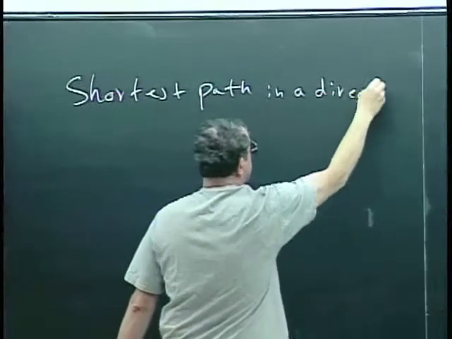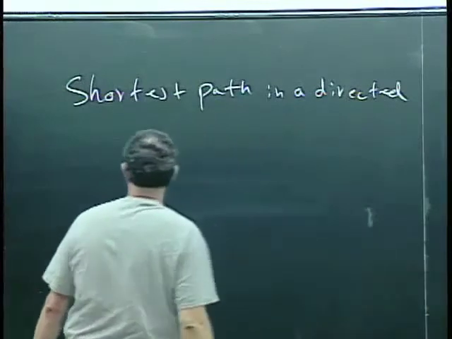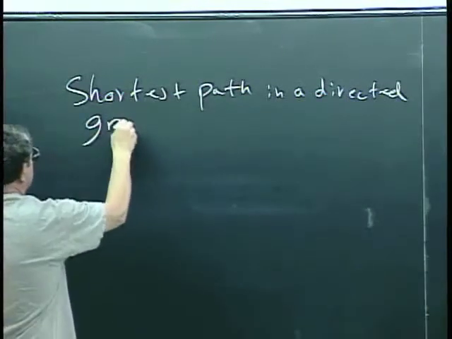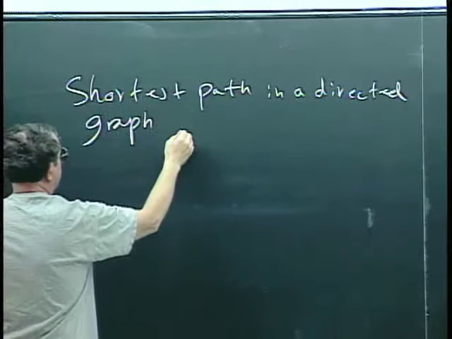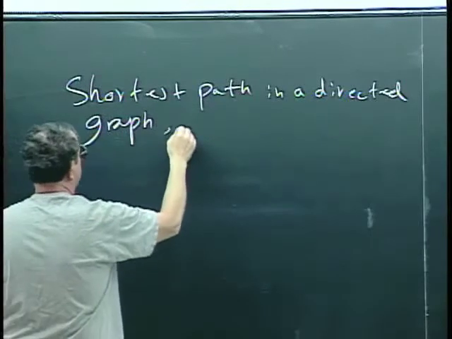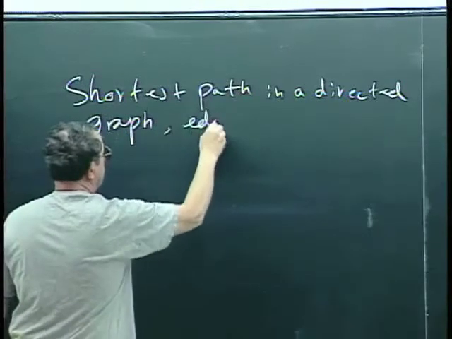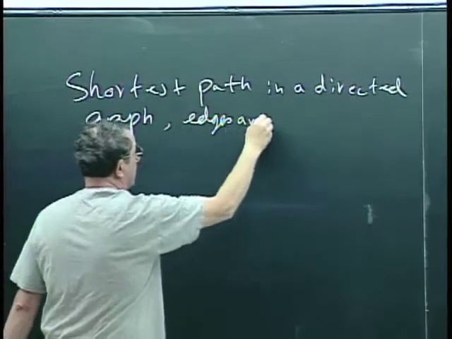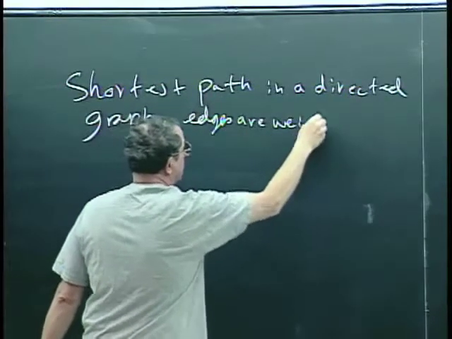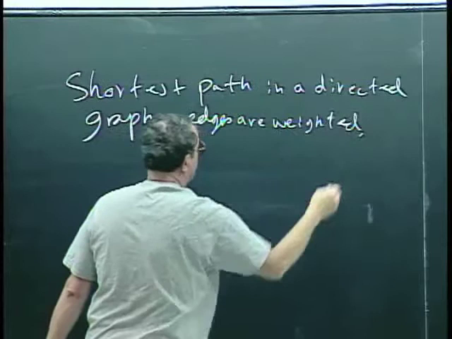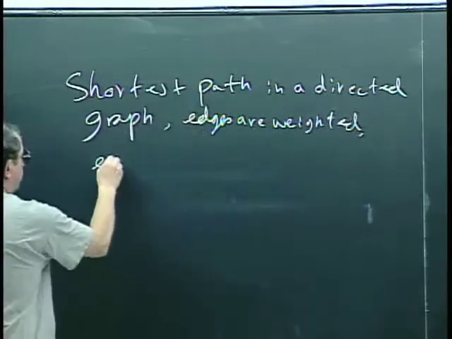So all the edges have directions, a directed graph, and it's weighted. Edges are weighted, or you can just think of edges have costs.